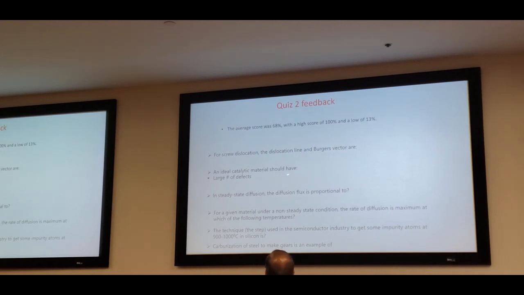Now, for an ideal catalytic material, you should have the maximum number of defects. Maximum number of defects, that's very important. Why? Because whenever you have defects, that's incomplete bonding, the energy is higher, so it can adsorb more of the material.